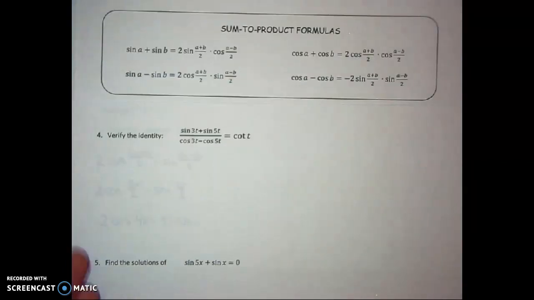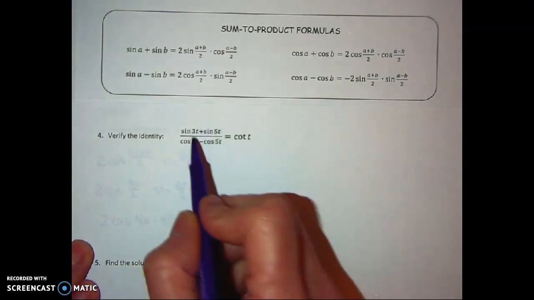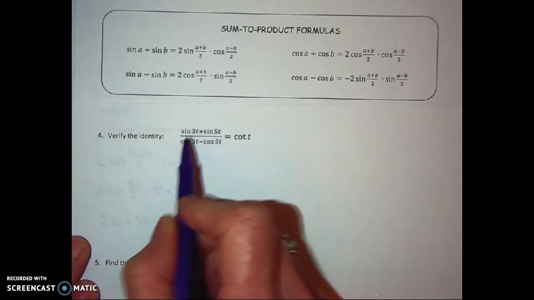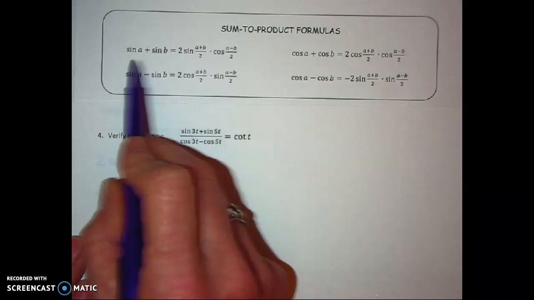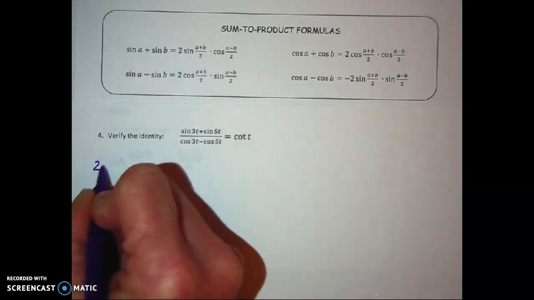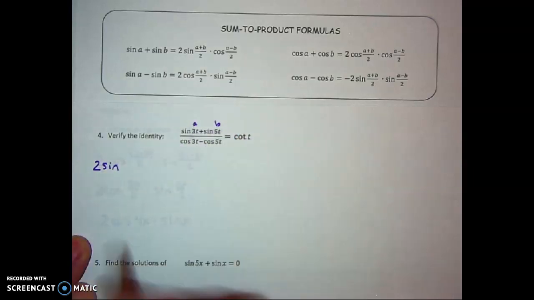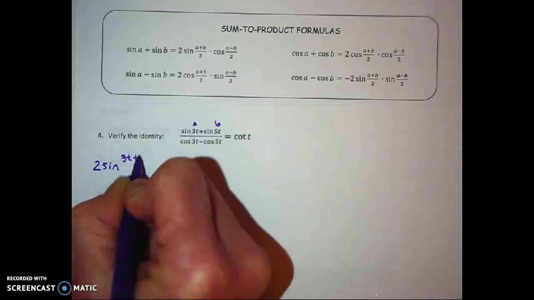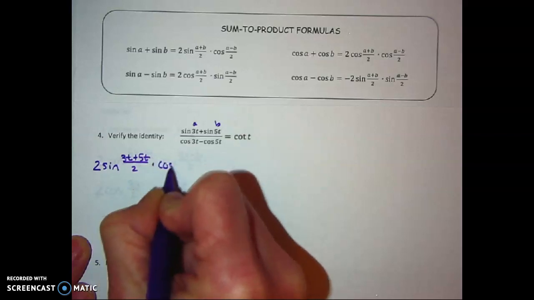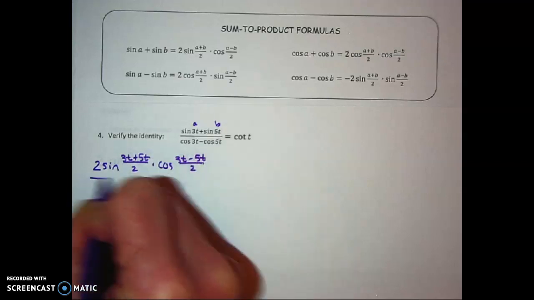Problem number 4 just asks us to verify this identity. Again, we have a sum. And if you notice, I have the 3t and the 5t, so my numerator follows the form of this top sine formula. So I'm just going to rewrite that as 2 times the sine of, again, this is my a and my b, so 3t plus 5t divided by 2, times the cosine of 3t minus 5t divided by 2.